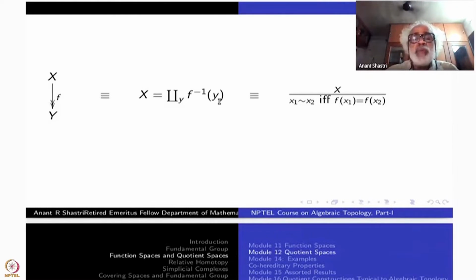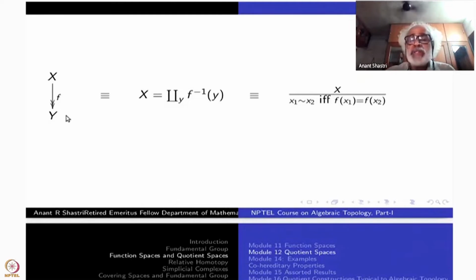F inverse of y means all points of X which come to the point y. By the very definition of F, they are disjoint. And the entire X is the union of these things.